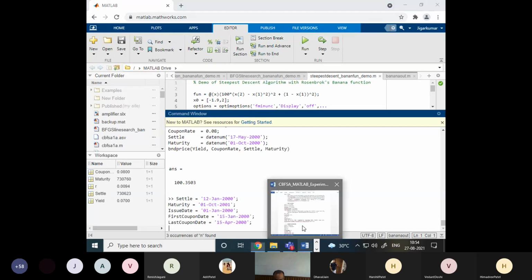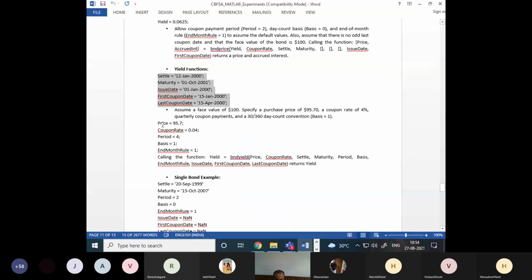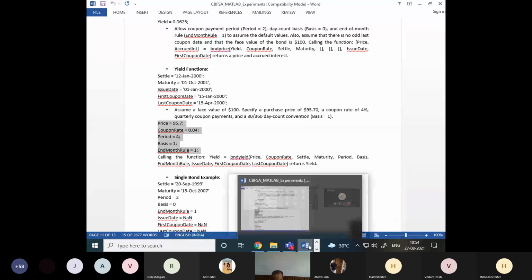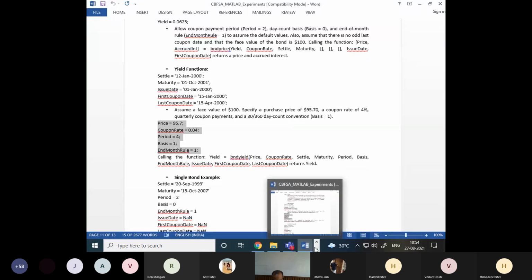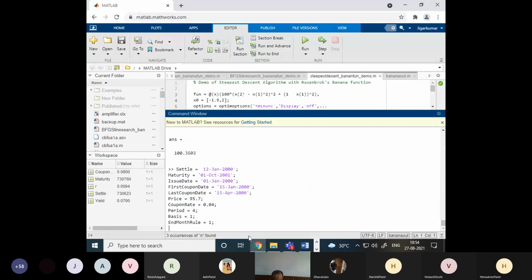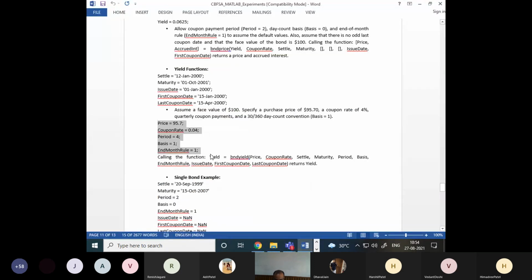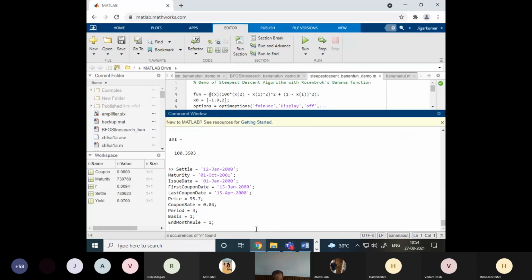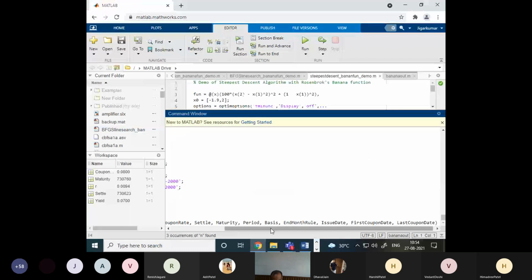Then I copy the other information which is known. I give you a small experiment based on this, so be concentrated. And then finally, I call this yield function to do the analytics based on all this data, and I know the yield from this. So now I press enter.